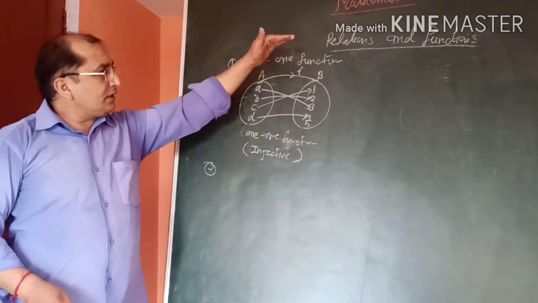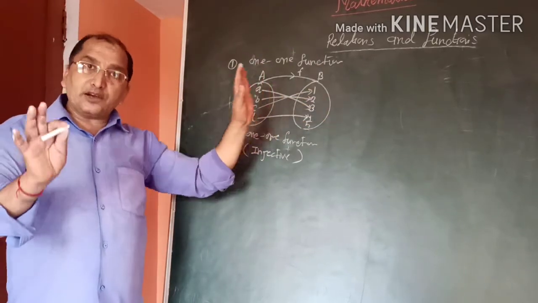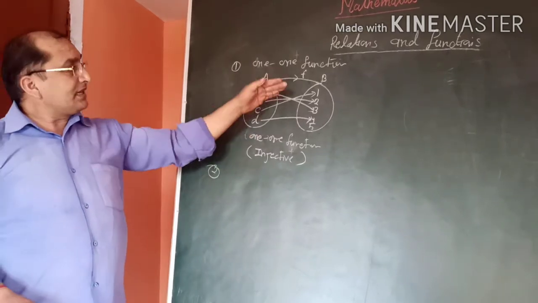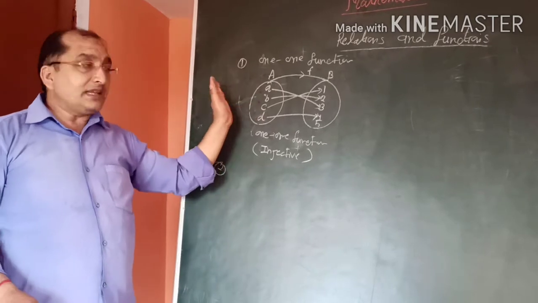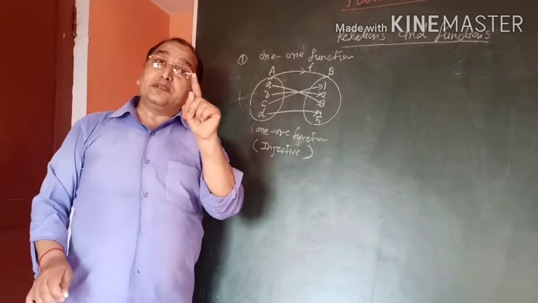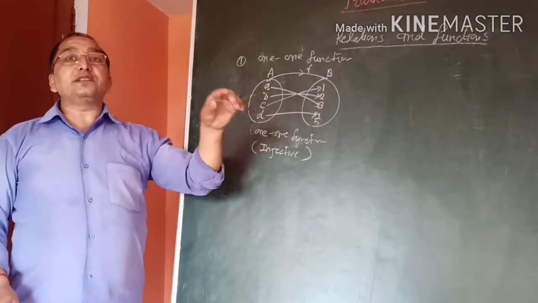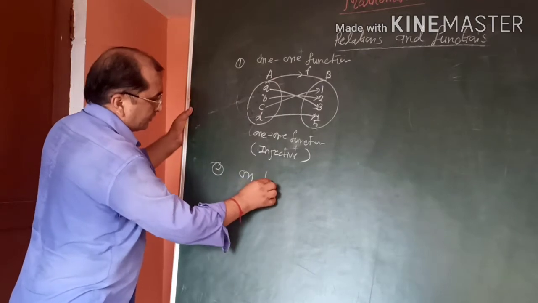An onto function is one in which all the elements of set B are occupied by the elements of set A, meaning every element of B is the image of some element of A. Then we can say that it is an onto function. But if any element is left, this is known as an into function, and this is an onto function.